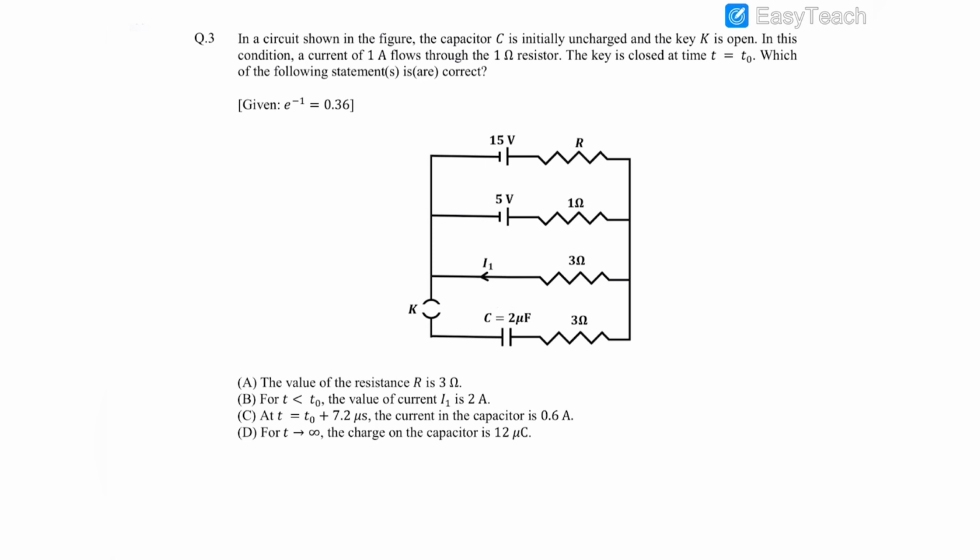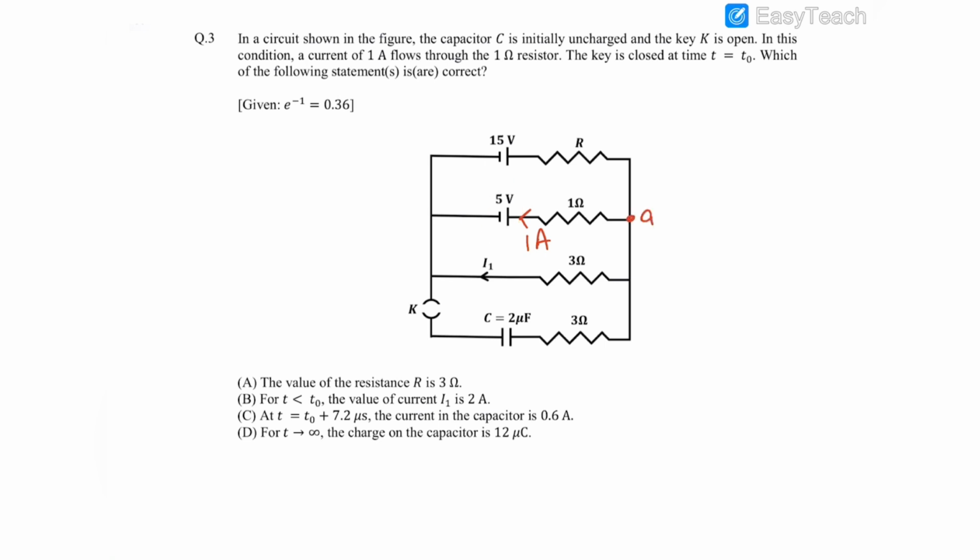First of all, we have to check the value of R. Let us suppose that 1 ampere current is flowing like that. If this 1 ampere current is flowing in this direction, then this battery would be in the state of charging.